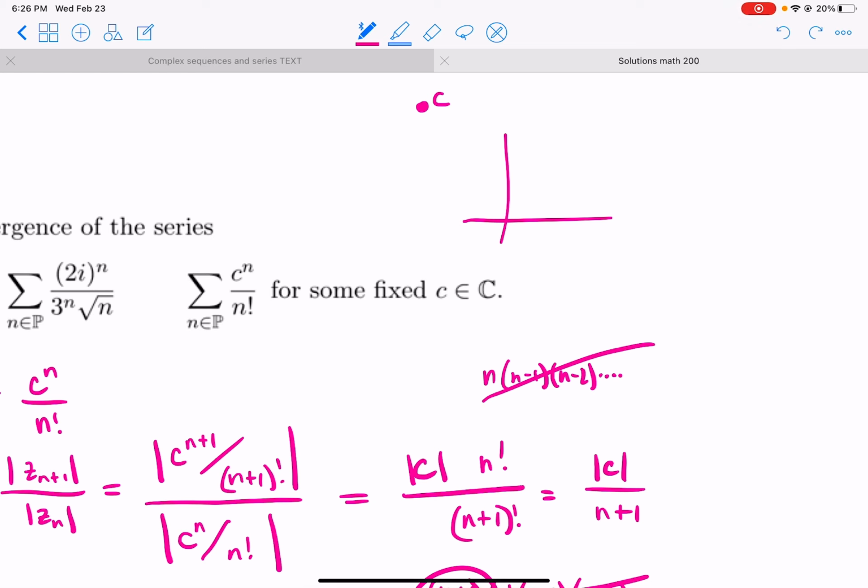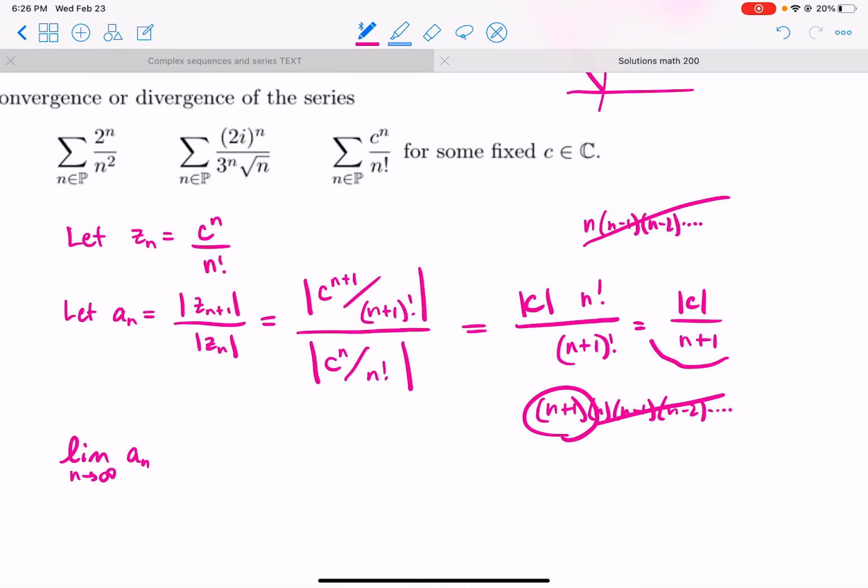Well, it's just this positive or possibly 0 distance, this length. No matter what that length is, as n goes to infinity, we're going to divide by a bigger number, and the limit of the a sub n's will be 0. 0 is strictly less than 1, so there will exist something here that will build a geometric series that will converge because it's less than 1, and we can compare.